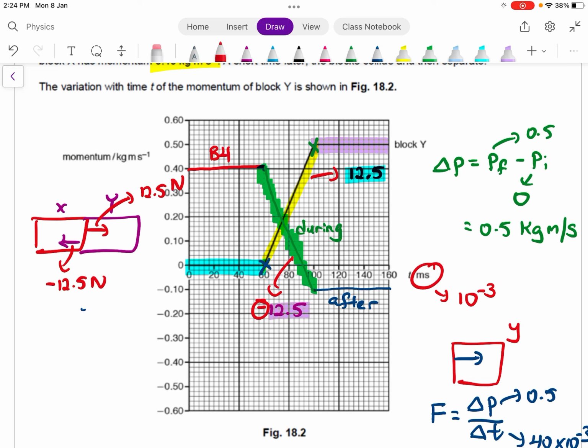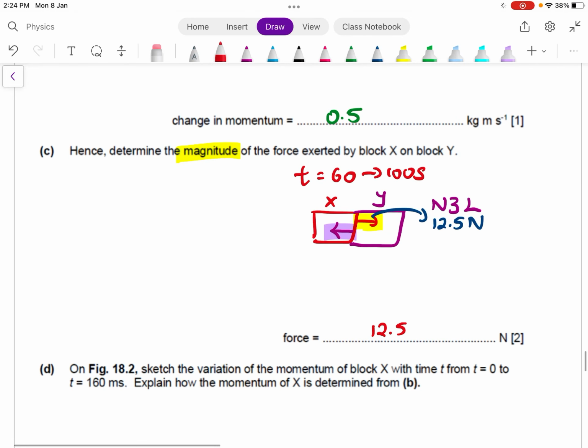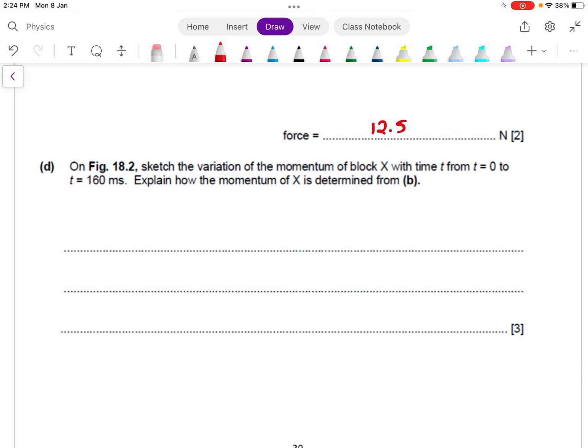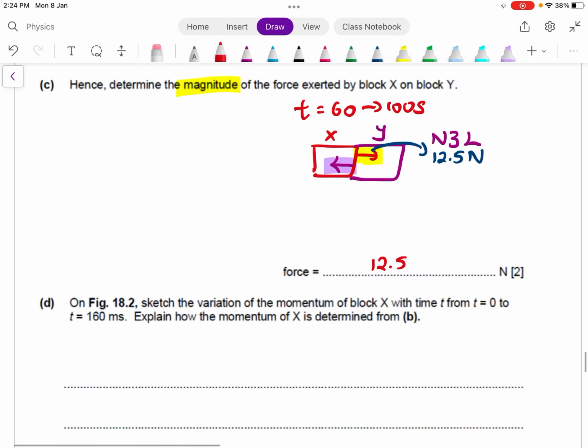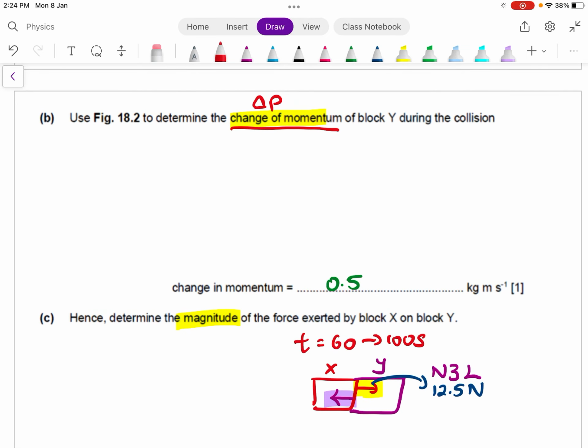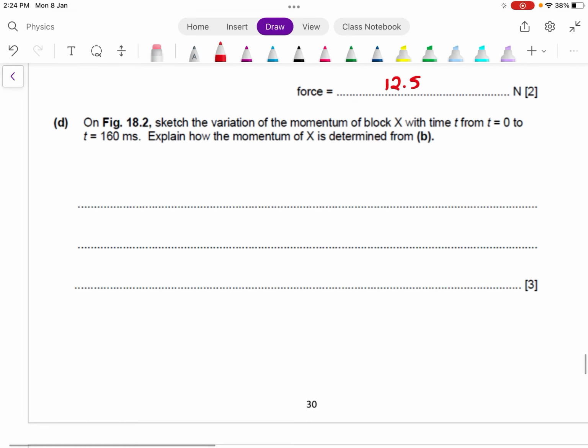Okay, so with this, before, during, and after collision, let's explain why we get this. Explain how the momentum of X is determined from part B. From part B, we realize that we have a change of momentum of 0.5. Always remember, since there's no external forces acting on the system, if Y has a change of momentum of 0.5, then X must have a change of momentum of negative 0.5.